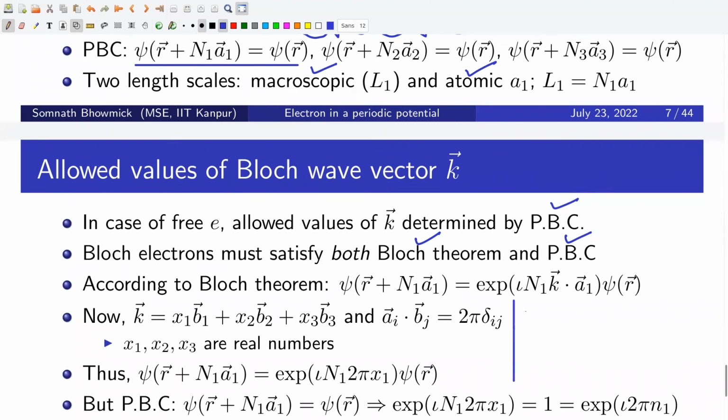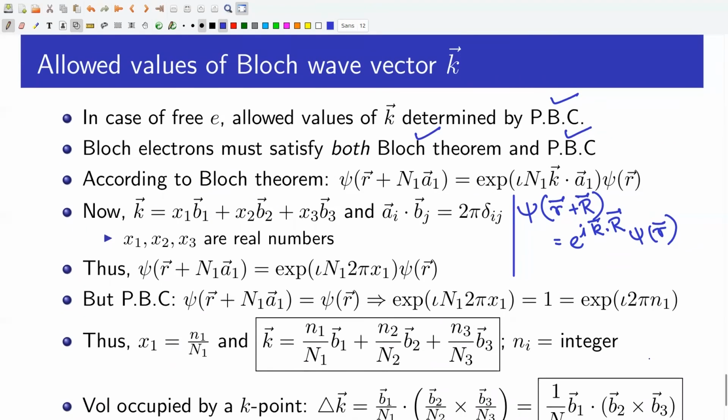According to Bloch theorem, we know that psi of r plus R is equal to e power i k dot R psi of r. Now, in this case, R is equal to n1 times a1. Thus, we can write psi of r plus n1 a1 in this form.